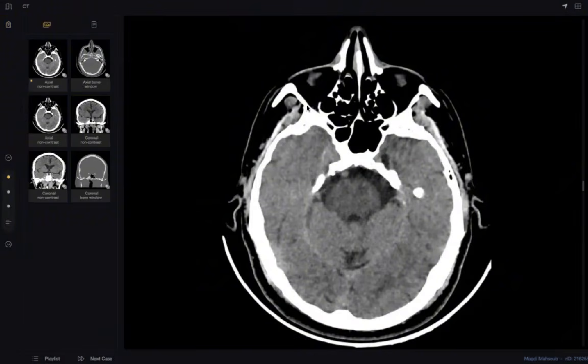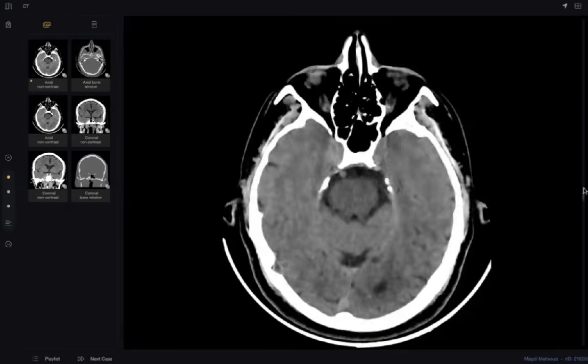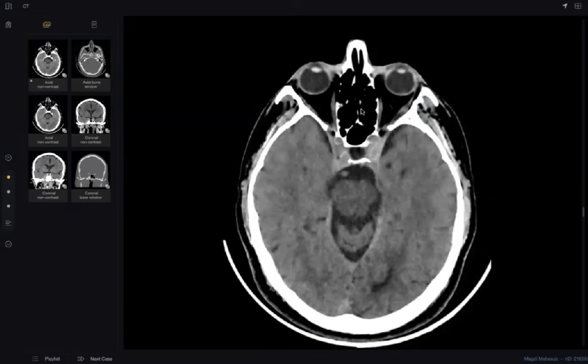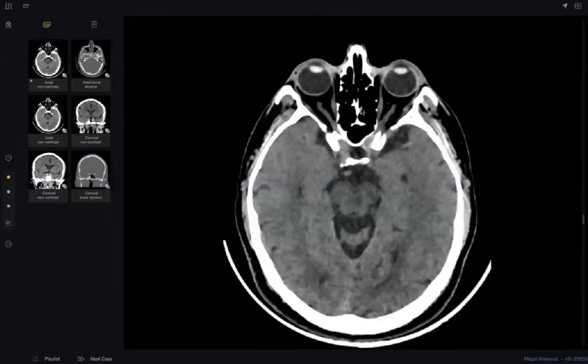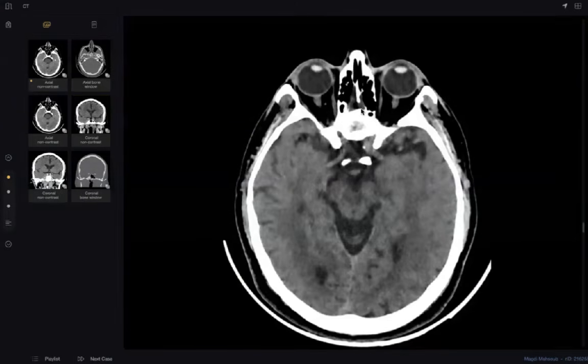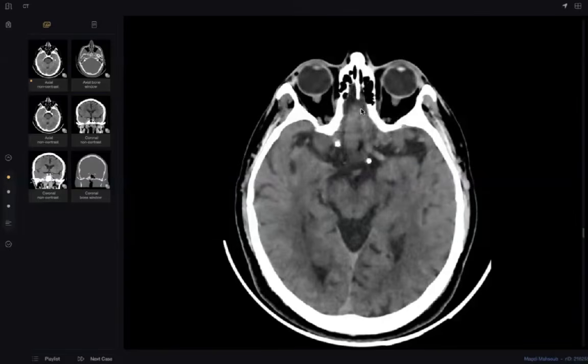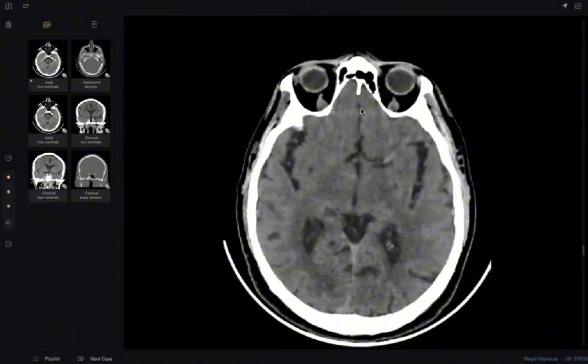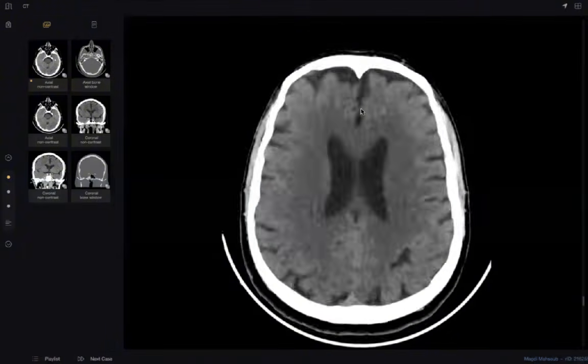I'm presenting axial non-contrast CT for a 60-year-old male presented with numbness, swelling, and diplopia. I first go through top to bottom and then present my findings.